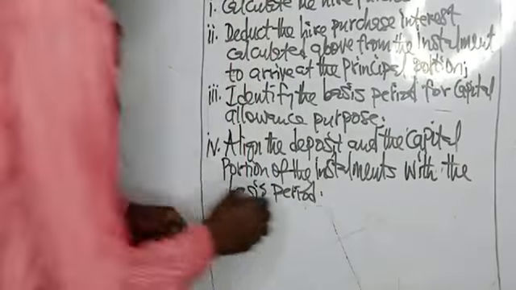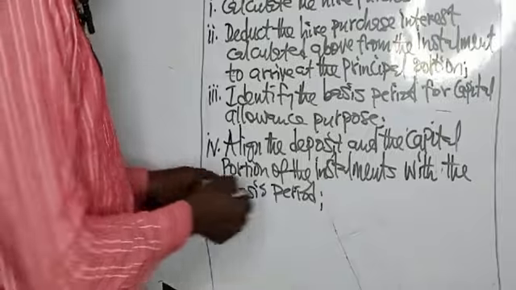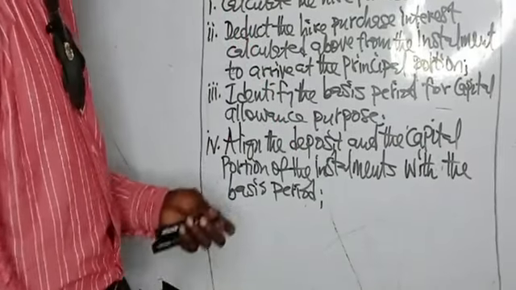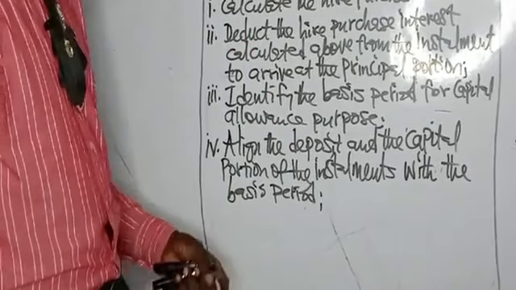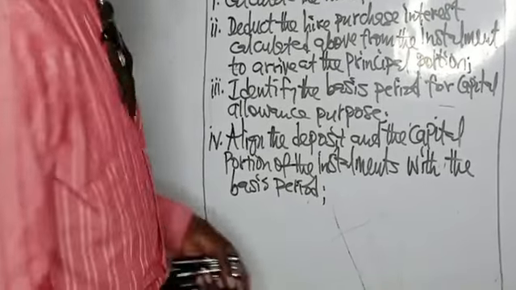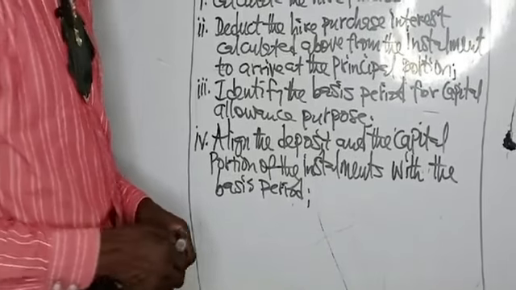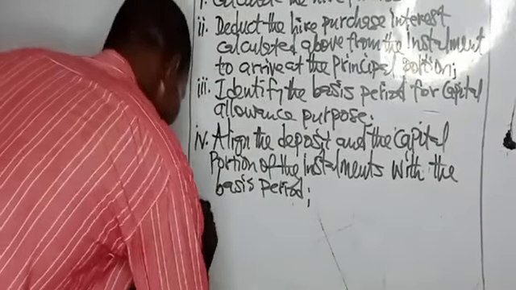I've told you capital portion, principal portion; I'm still saying the same thing. Align them with the basis period. Then step 5 is to compute the capital allowance for relevant years of assessment.